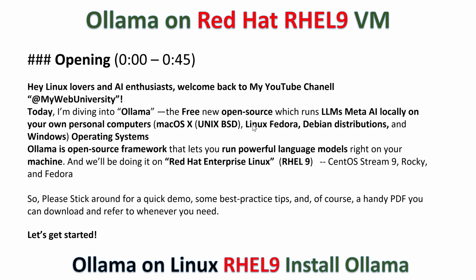The one I'm going to be discussing today is the Fedora distribution, which is Red Hat Enterprise Linux 9. Debian distribution includes Ubuntu, Linux Mint, and a lot of other ones, like Kali Linux. It is also supported on the Windows platform. So that's the nice thing, that it's supported on Unix, Linux, and Windows, all three platforms.